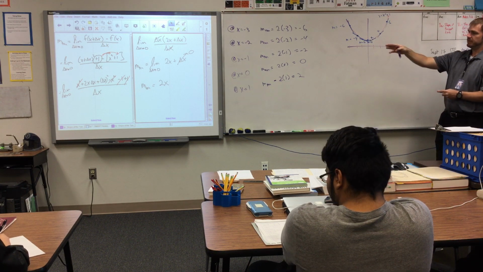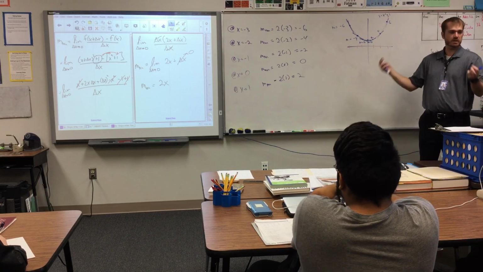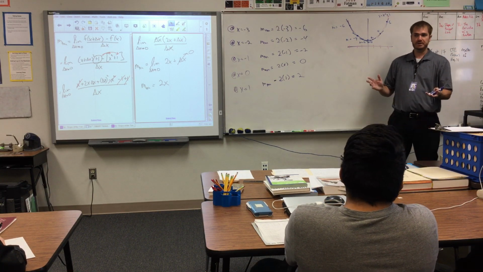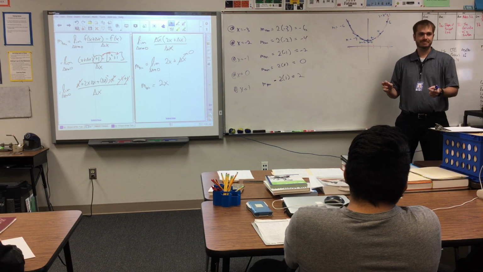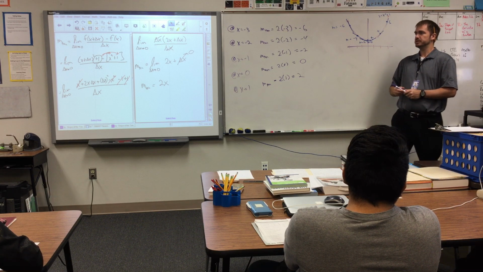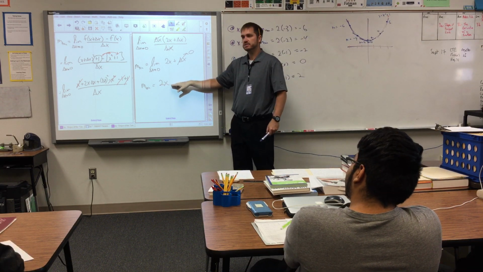Okay? So what we have there, that m tangent equals 2x, that's a formula, right? And what does that formula depend on? That's not exactly what I'm going with. What I'm getting at is it depends on x.